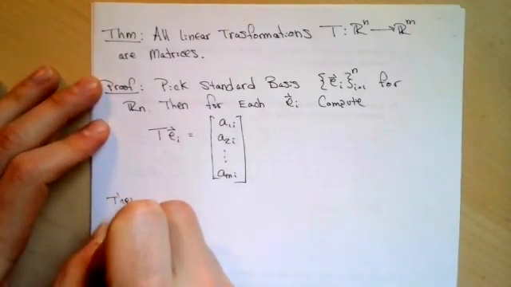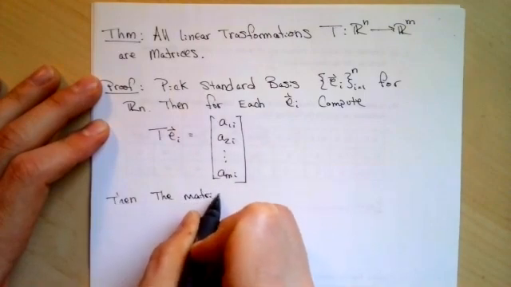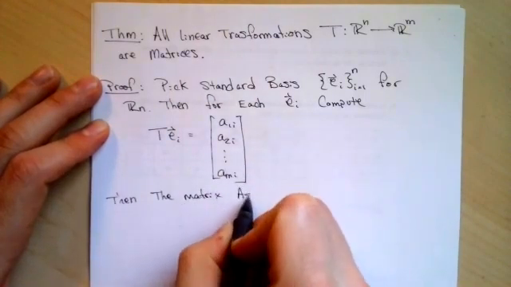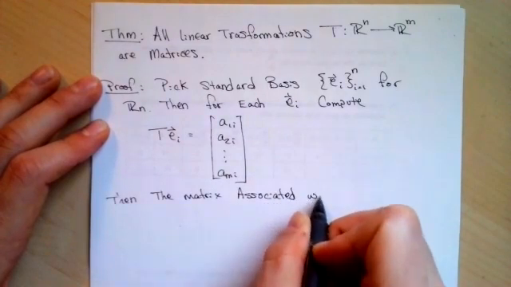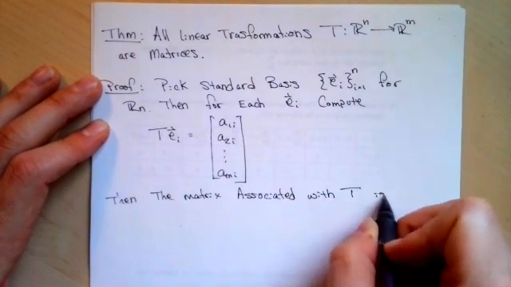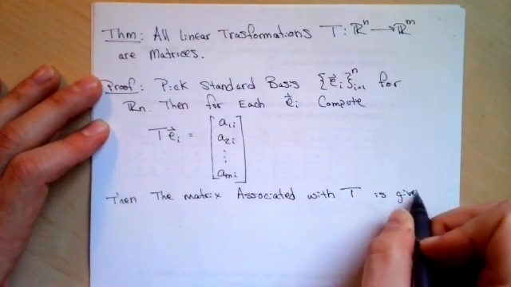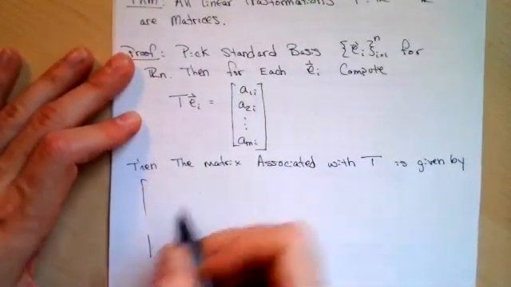Then the matrix associated with T is given by the matrix of all of those.